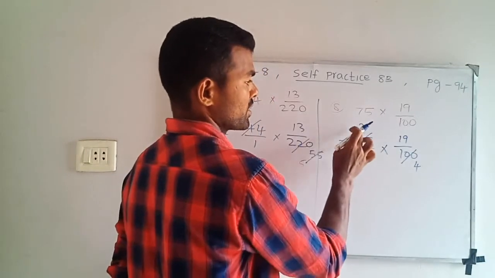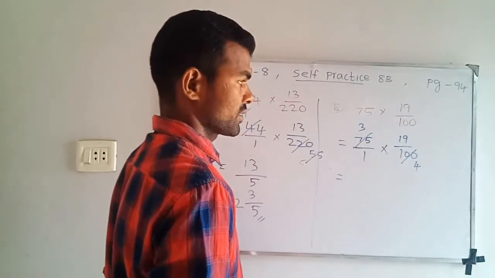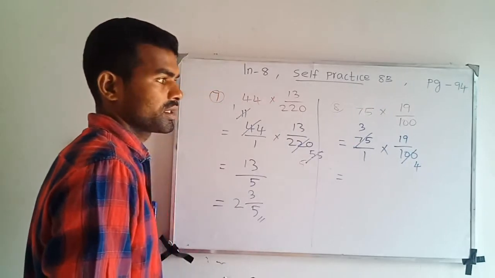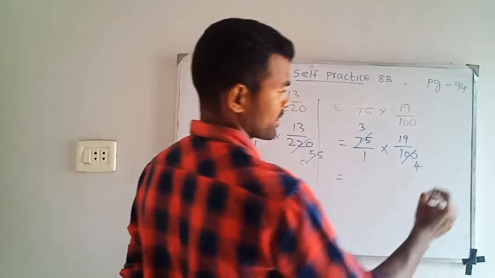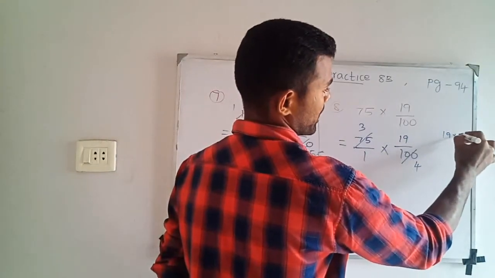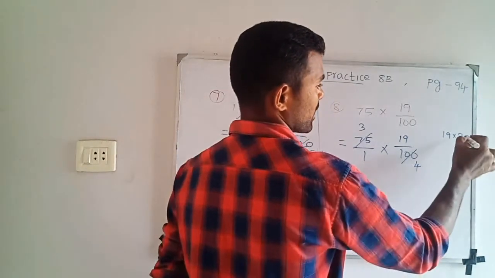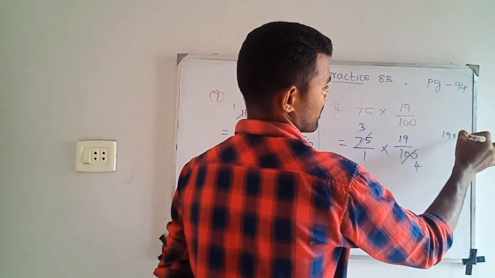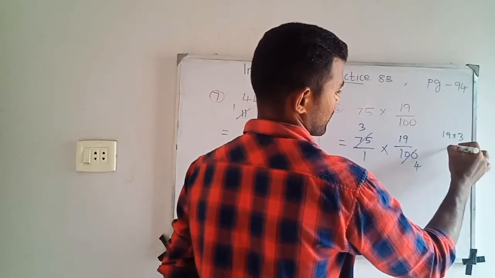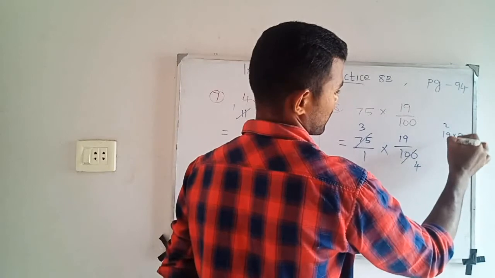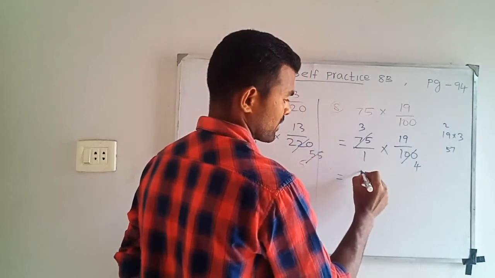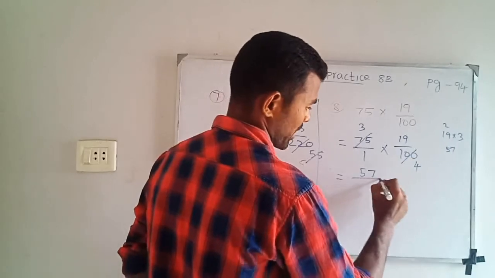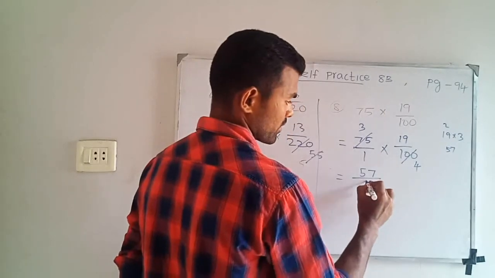So multiply the numerator. 3 multiply 19, how much? 3 9s are 27, and 3 1s are 3, so 57 you are getting. 3 multiply 19 is 57 by 1 multiply 4 which is 4.